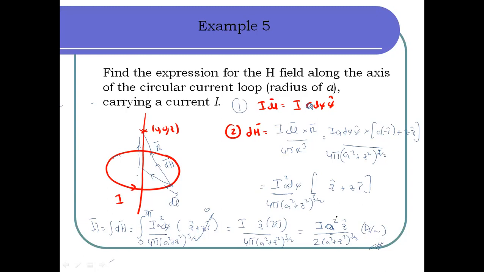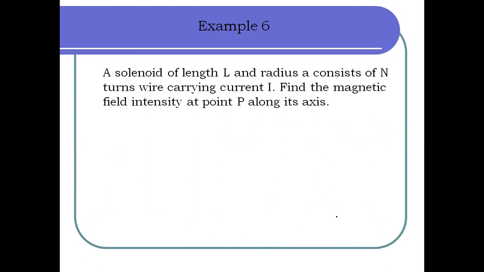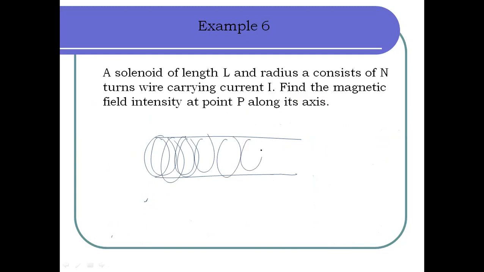For example 6, it is about a solenoid. I hope you know what a solenoid is all about. A solenoid is a current in the form of circular loops. We have a cylindrical structure, and the current is flowing in this cylindrical manner, somewhat like windings on a cylindrical structure.